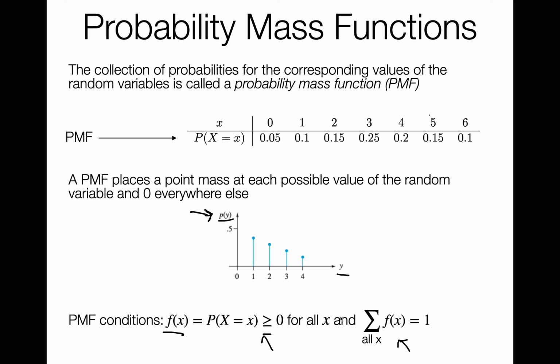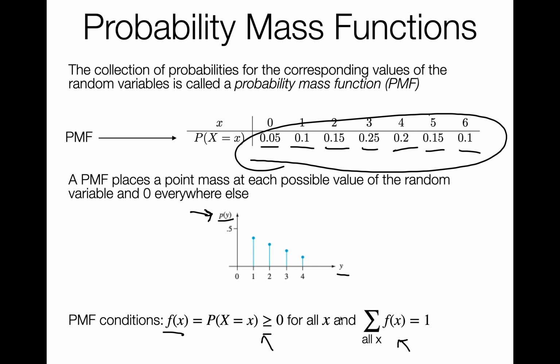And so that means that each of these entries up here needs to be positive, and when I add all the probabilities together, not the 1, 2, 3, 4, 5, and 6 above, I need to get 1. If these two things don't hold, then it's not called a probability mass function.